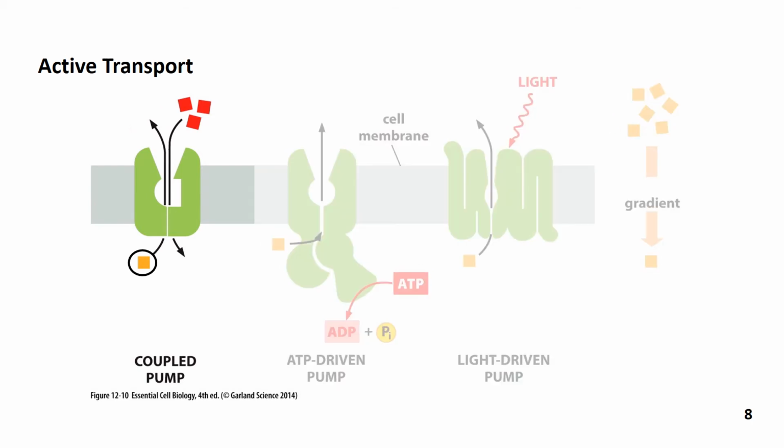The image on the left shows coupled transport, where the movement of the yellow square molecule against its concentration gradient is occurring because the movement of red square molecules with their concentration gradient is allowing for that movement to occur. This is secondary active transport.